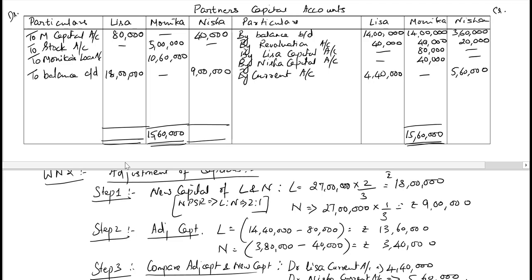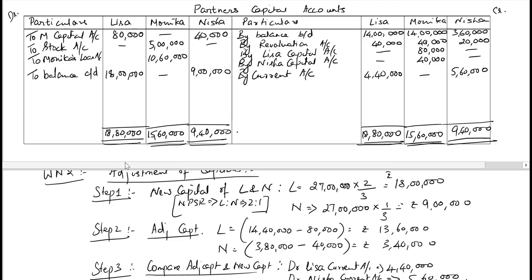If both sides tally, then we know that our arithmetic is right. 18,80,000 is the credit side total for Lisa and the debit side total for Lisa is also 18,80,000. 9,40,000 is the credit side total for Nisha and 9,40,000 is the debit side total also for Nisha.